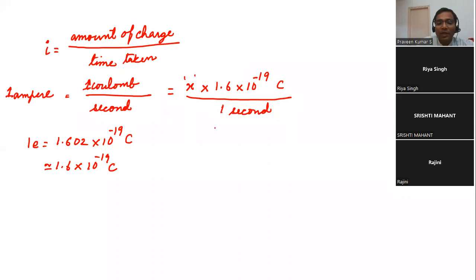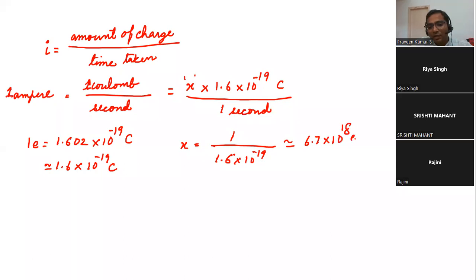So what will x be equal to? x is equal to 1 by 1.6 × 10^-19, and someone has given the right answer in the chat box that it will be around 6.7 × 10^18 electrons.